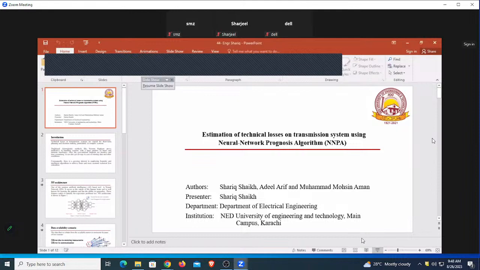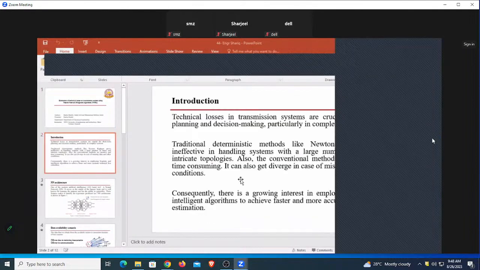Today my topic of presentation is estimation of technical losses on transmission network using neural network prognosis algorithm. Basically, we all know that losses are measured in watts and megawatts in transmission network, and it is very crucial to estimate those losses so that you can take corrective measures.